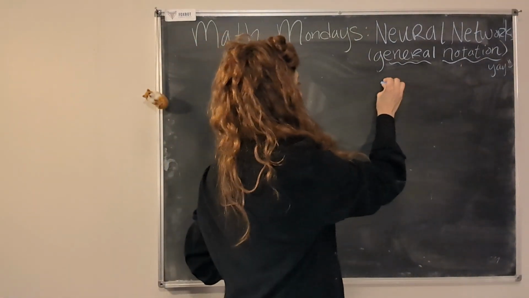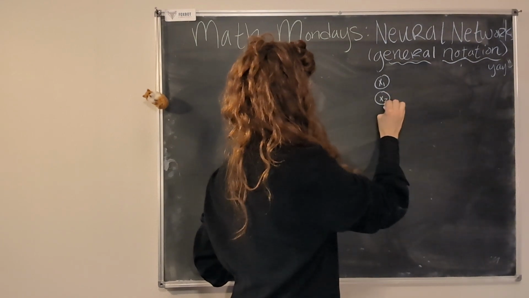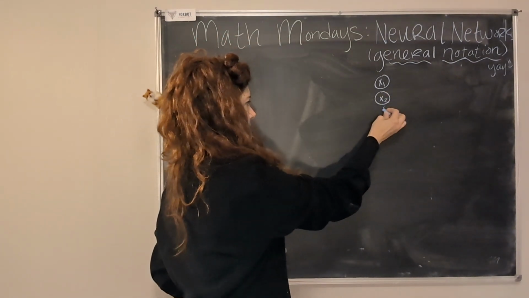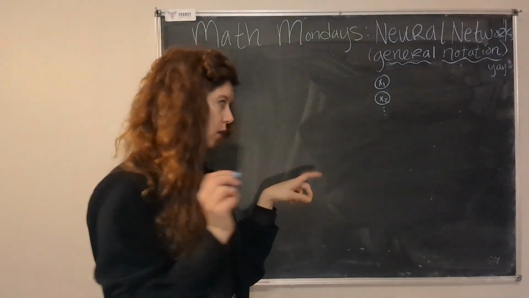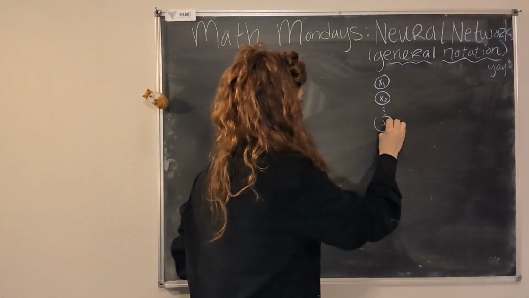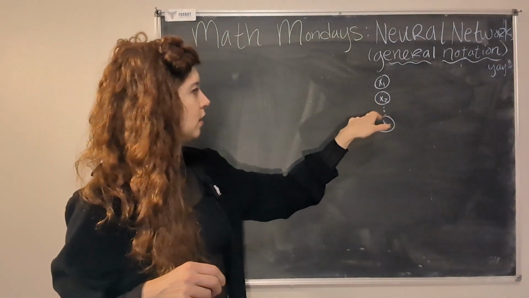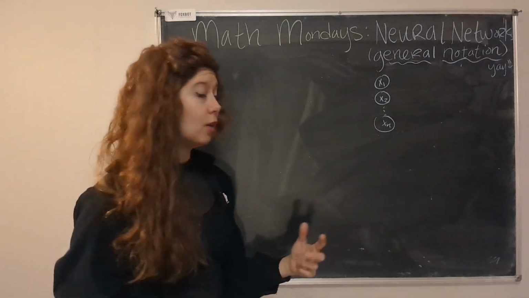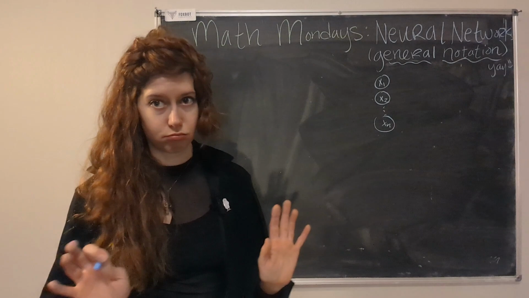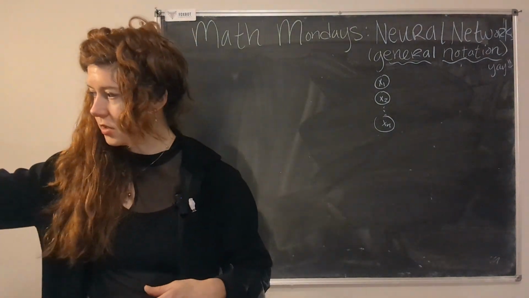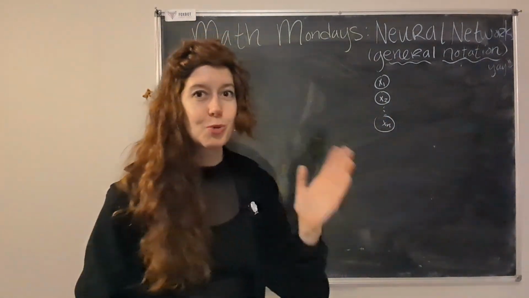So we have our inputs x1, x2, and then dot, dot, dot, all the way to represent that you keep going, and our last one is going to be x subscript n. So we have n number of x's. N could be 3, or 45, or 145,000. It's just there to let us know that there's some number of nodes, because we're generalizing.